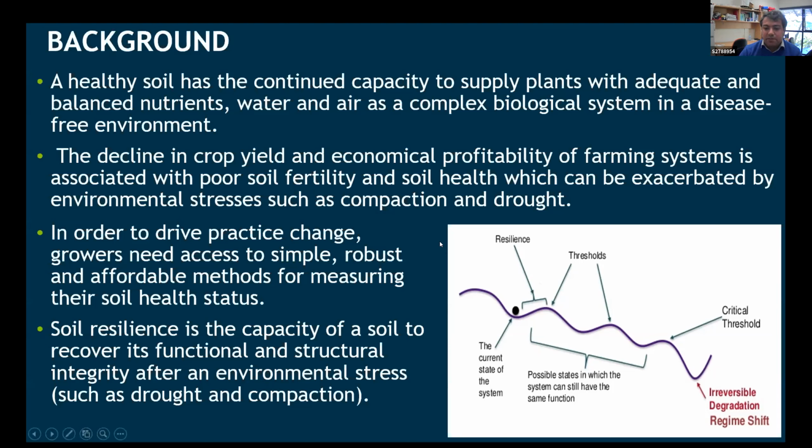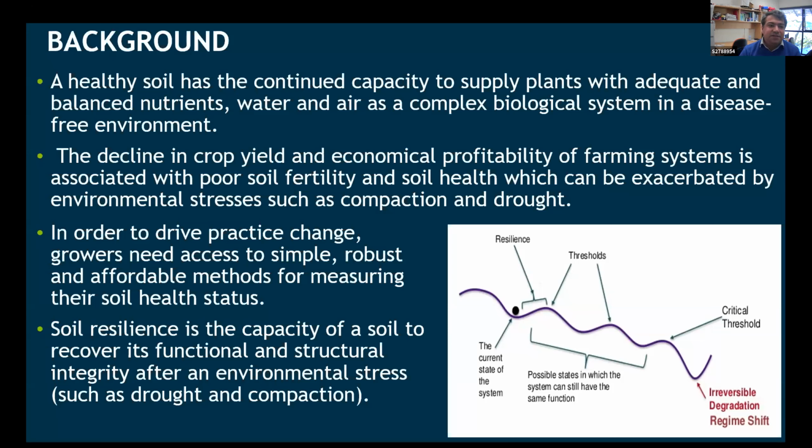For example, if you're at the top of the graph, your normal soil in the paddock, when you're dealing with an environmental stress such as drought or compaction, the functionality of the soil, its physical, chemical, and biological properties, start to degrade. The capacity of the soil to deal with the environmental stresses is called resistance. So the soil starts to resist the changes forced through the system by different environmental stresses.